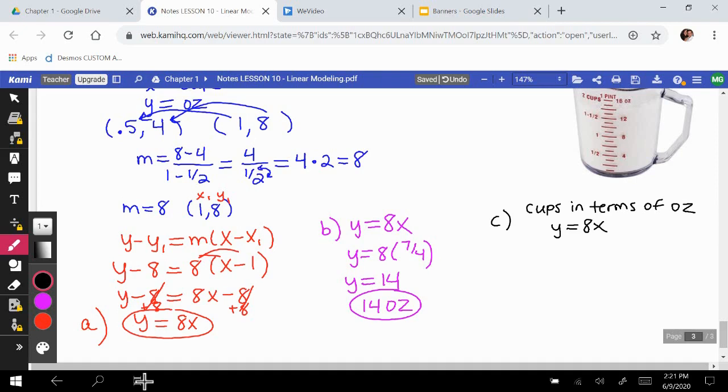So instead of having y by itself, let's get x by itself. So I'd get 1/8 y equals x as well. Okay, we just want to get the other variable x by itself in order to write an equation of cups in terms of ounces. Now if I plug in the ounces, I can quickly simplify to get how many cups.